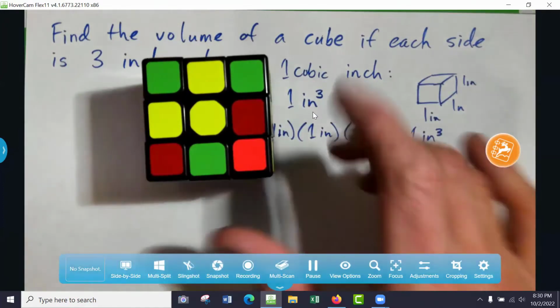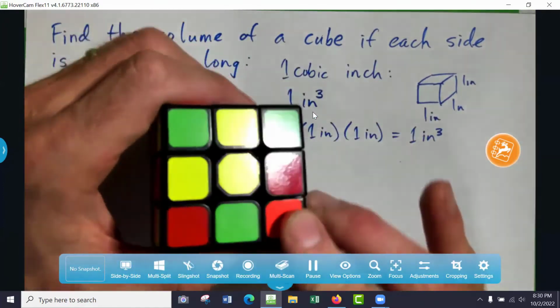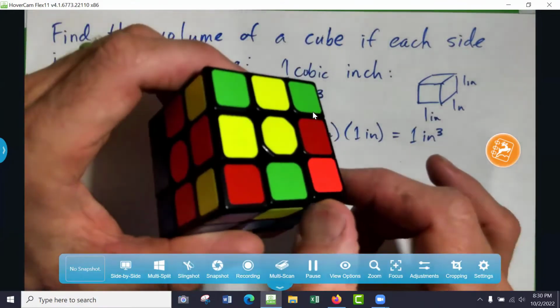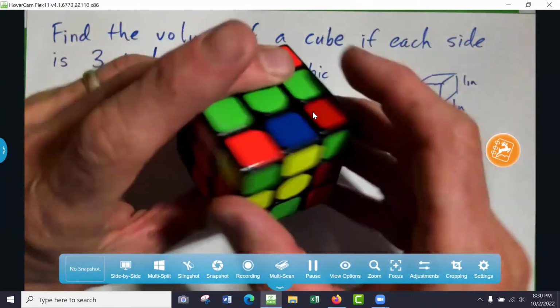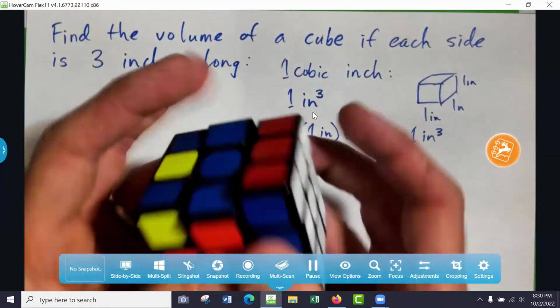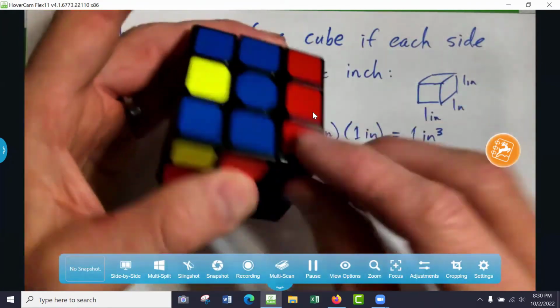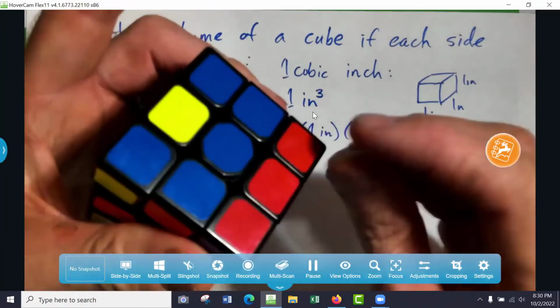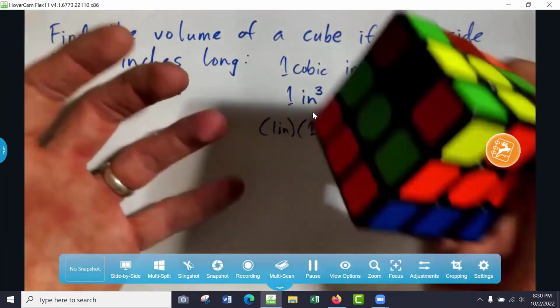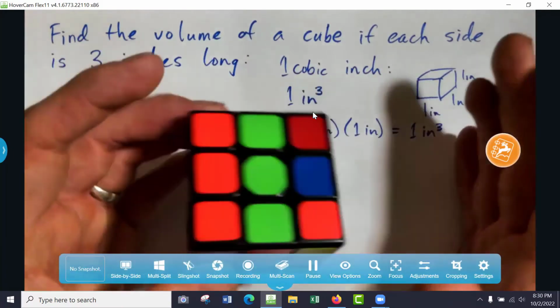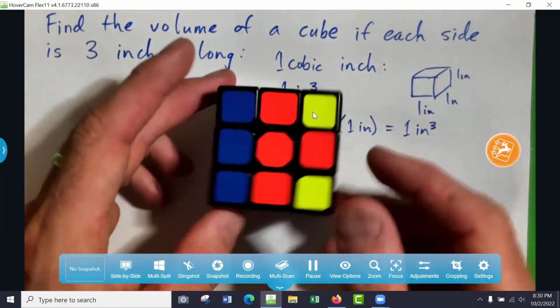So imagine that each of these cubes is exactly a cubic inch. How many of these little cubes make up this whole Rubik's Cube? There's 1, 2, 3, 4, 5, 6, 7, 8, 9, right? But how many do I have altogether? That's what I'm asking. So take your time. Don't shout out an answer. Just take your time and try to figure it out.